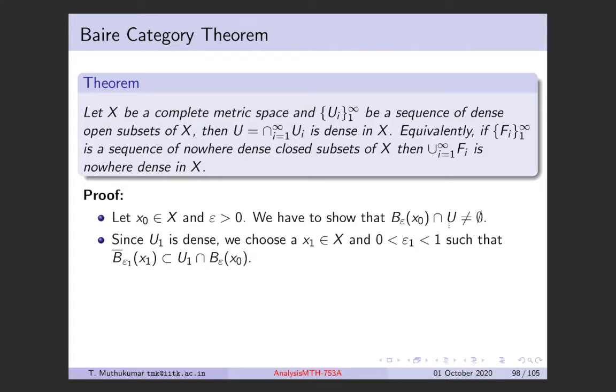So since U1 is a dense set, we choose an x1 in X and epsilon 1 which is less than 1, such that this closed ball is contained in U1. Okay, this is by the density of U1.